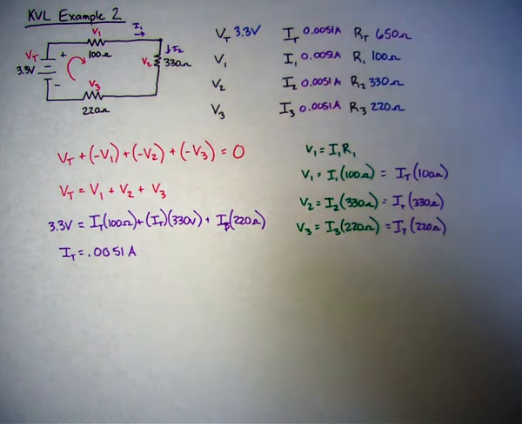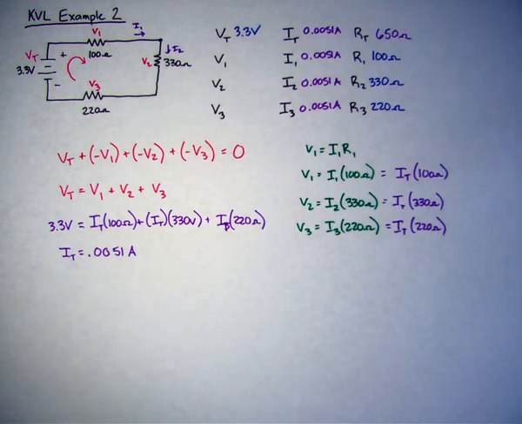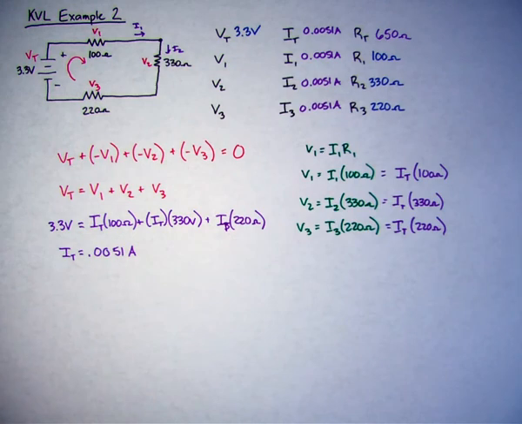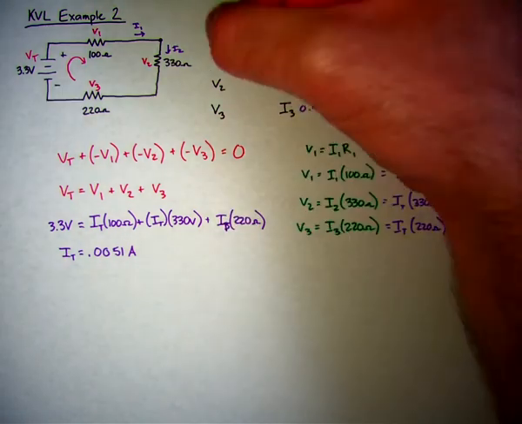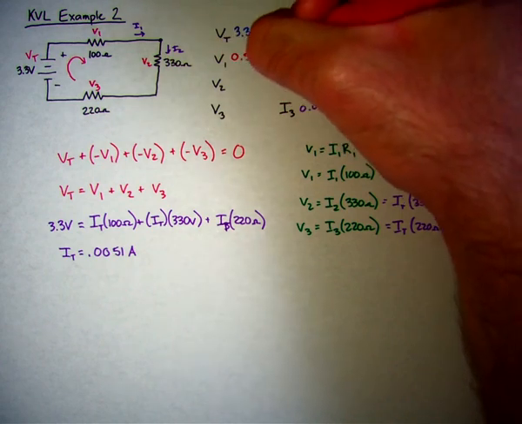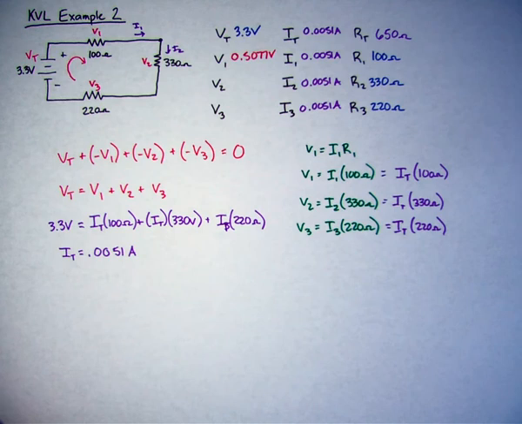And then all I have to do is use Ohm's law again to find out my individual voltages. So if I multiply 100 times the current, using the value from the calculator, I get 0.5077 volts, rounded to 4 decimal places.